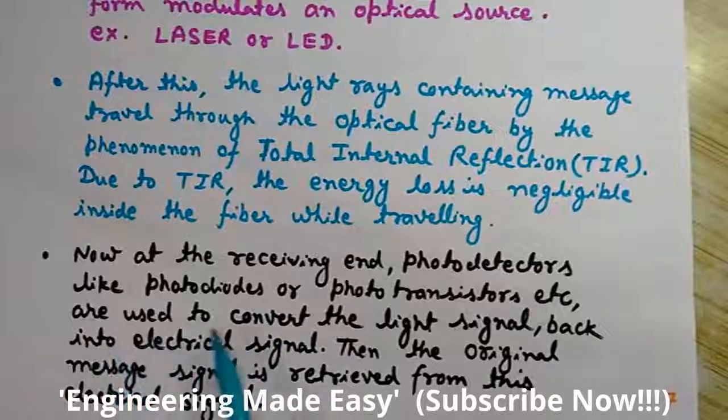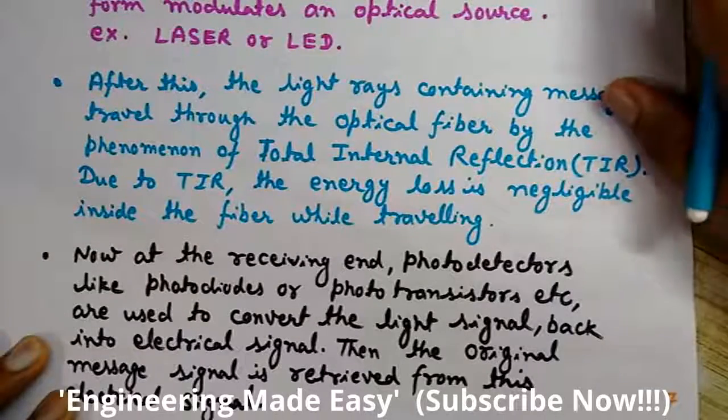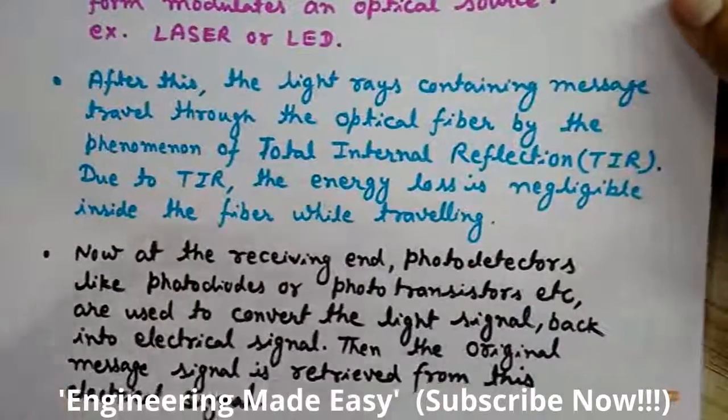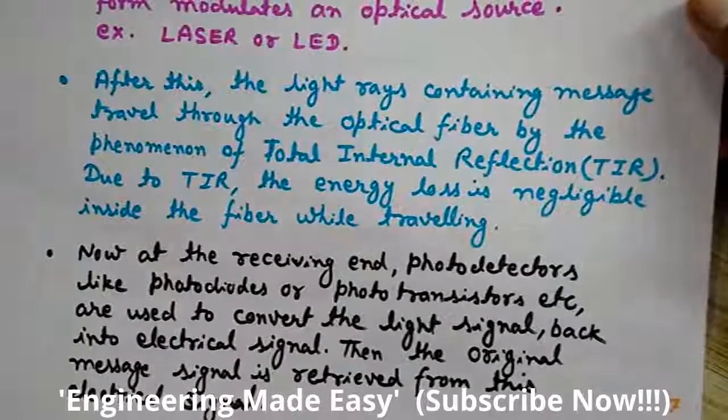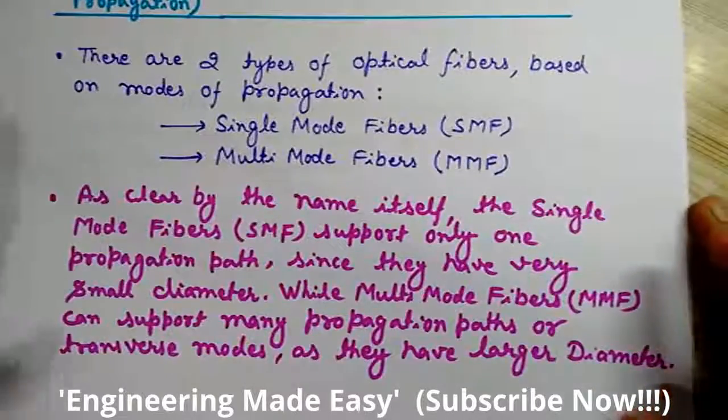These convert it back into the electrical signal. Then the original message signal is retrieved from this electrical signal. If the original message was in non-electrical form, maybe audio, then it is retrieved from this electrical signal back into the original form.